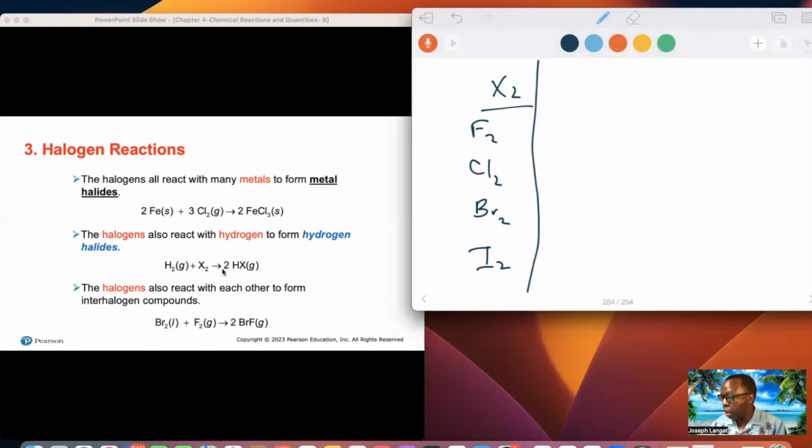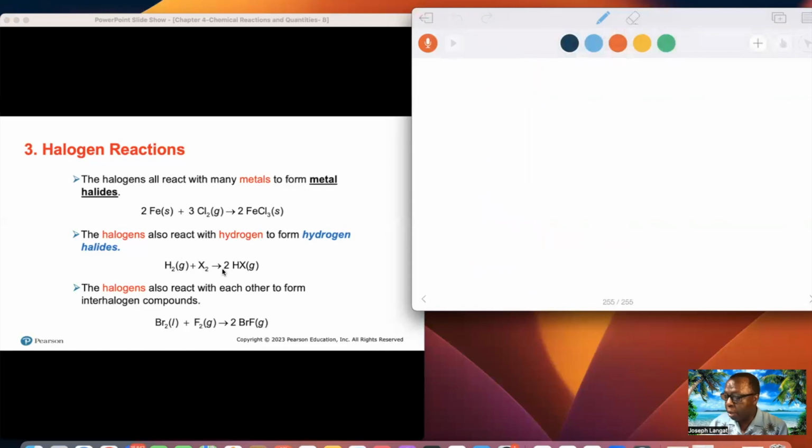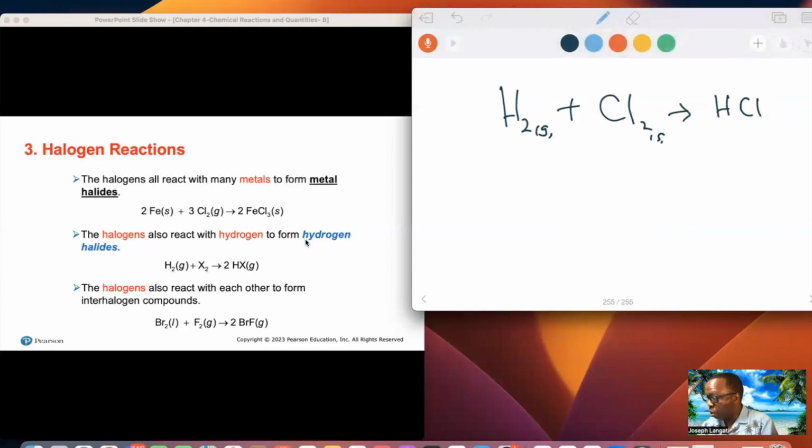Let's see, an example is, I could use hydrogen gas plus, let's use fluorine gas. This will be HX. Here X is chlorine, so it's going to be HCl. We need to balance the equation. We need a 2 there, and the equation is balanced.